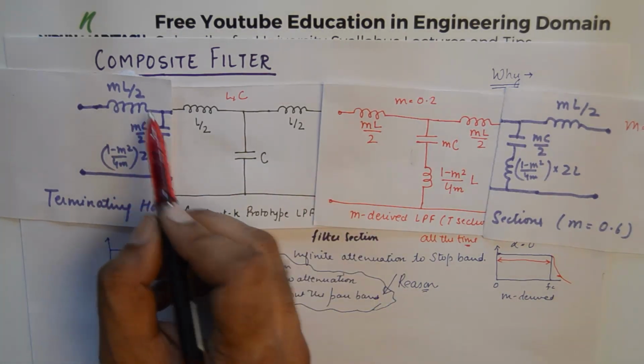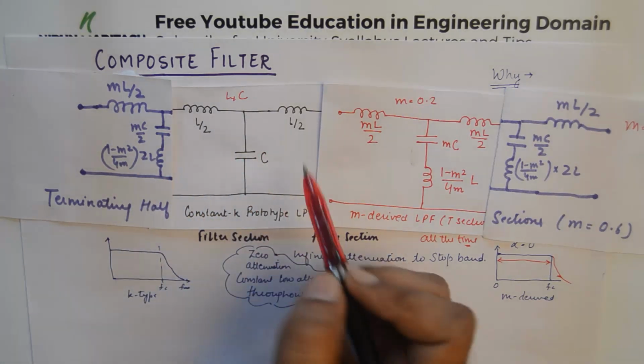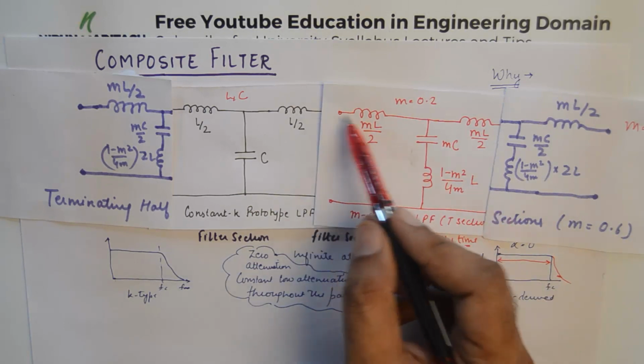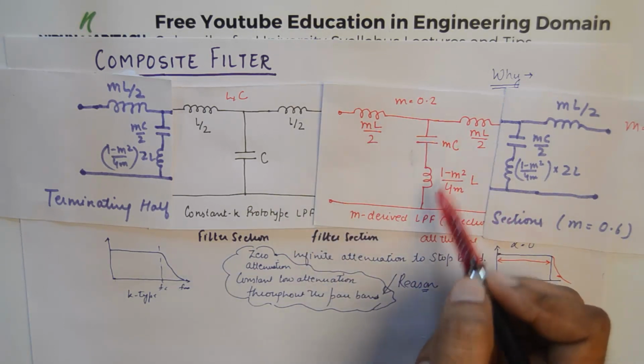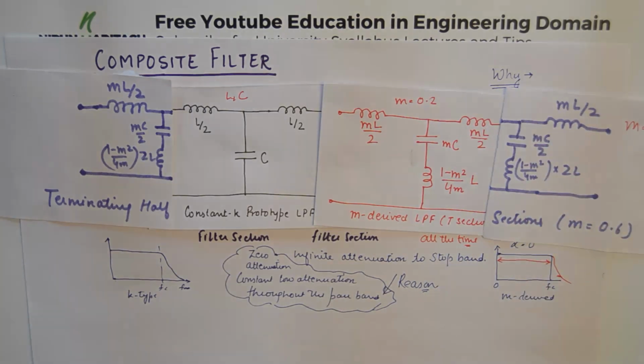So this remains as it is, this becomes a shunt arm, this remains as it is, this becomes the shunt arm. You can combine these two to add up, and then this becomes a shunt arm, this remains as it is, shunt arm. And so this long two-port network will be your composite filter.